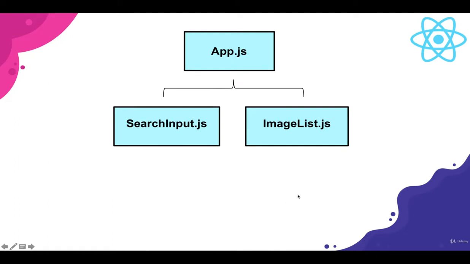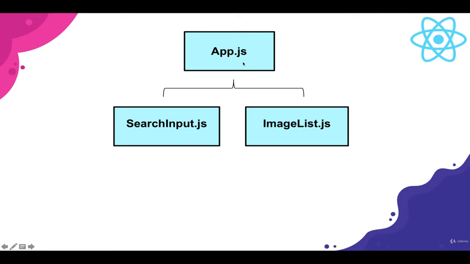We're going to make a search input component, and anytime that a user types something into there, the search input is going to handle that typing event. We'll also have a second component called the image list, and the image list will take a list of images and just render them out as a list on the screen.